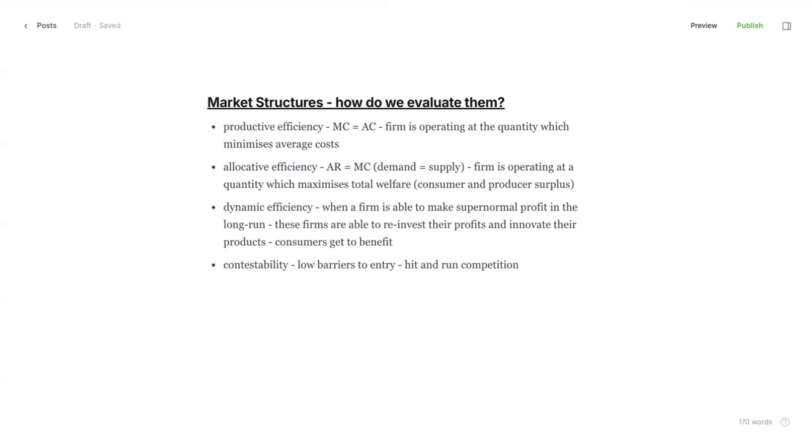We can consider that as a bad outcome because it would be better if there's a possibility for someone else to join into the market. So if Uber was the only taxi company, they would keep charging high prices. However, over time, we've seen Bolt and Free Now and stuff come into the market, and that keeps Uber on their toes and prevents them from overcharging customers.